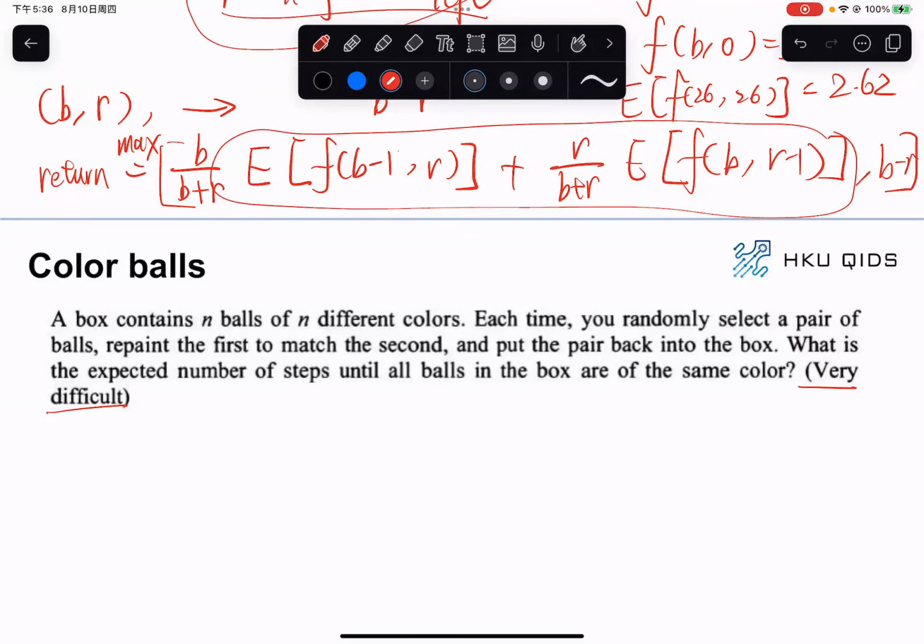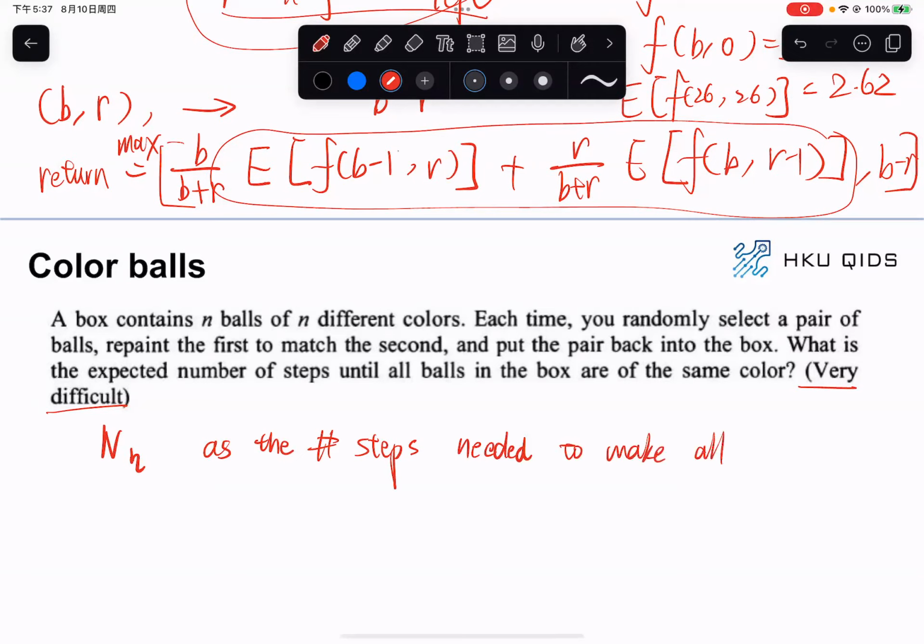So let's first think about, originally we have n colors. So we are going to denote E_n as the number of steps needed to make all balls the same color, okay?